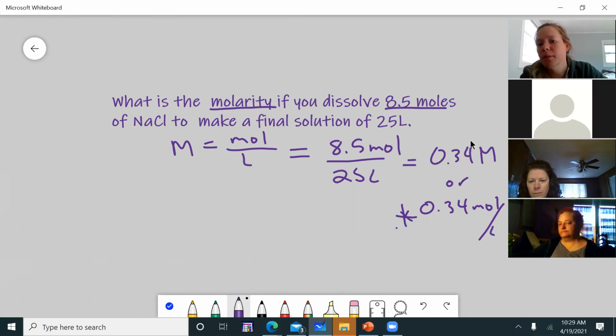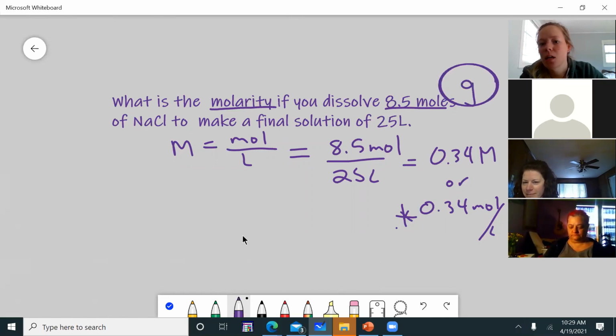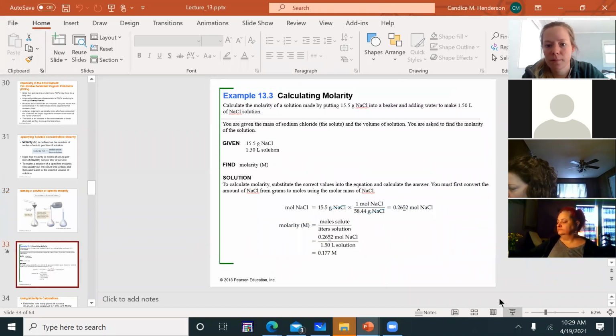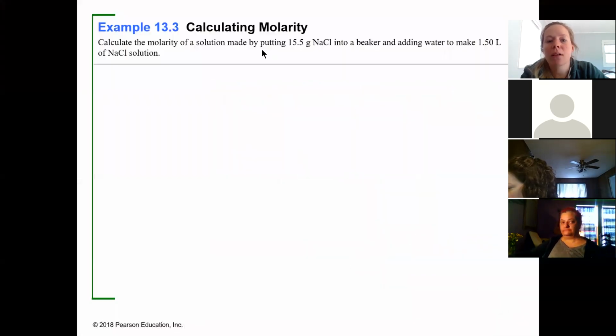How often does a problem give you moles? Not very often. What do they usually give you things in? Grams. So if they give you grams, you need to convert to moles. So let's do that. I think the slides actually have an example, so we'll just use theirs. Calculate the molarity of a solution made by putting 15.5 grams of NaCl into a beaker and adding water to make 1.50 liters of NaCl solution.